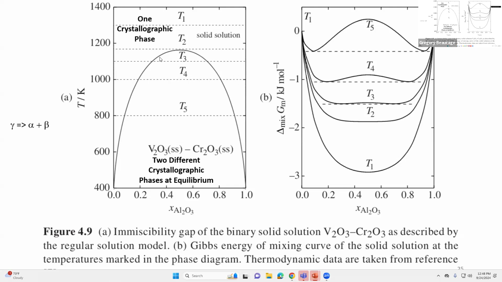In this case, as you cool it down, it forms two other crystal phases. So a solid solution goes to two crystal phases at the critical point. This could also be like sugar and water. When you cool it down, it makes sugar with a little bit of water in it, and water with a little bit of sugar in it.